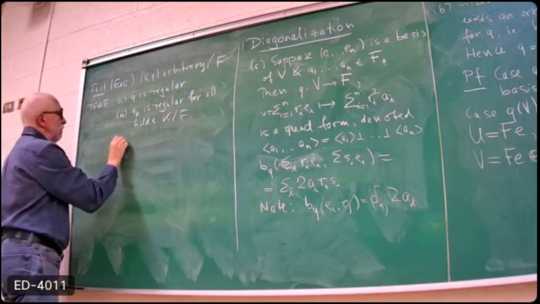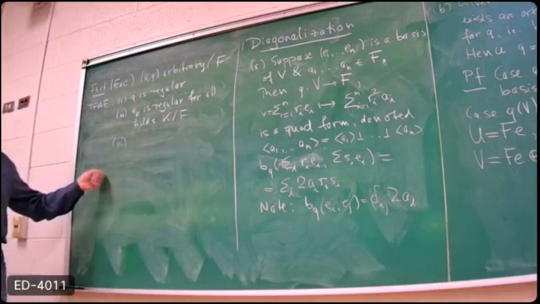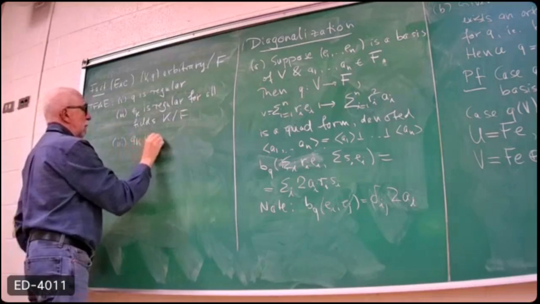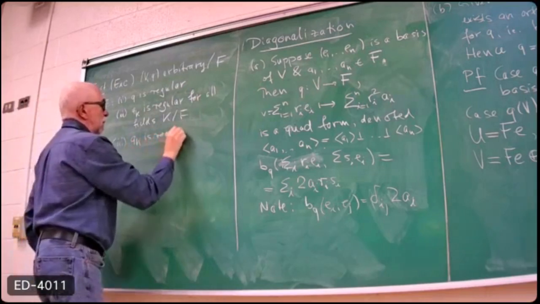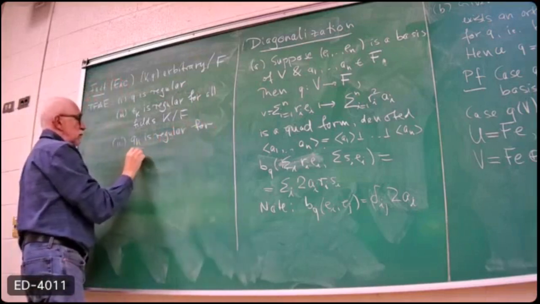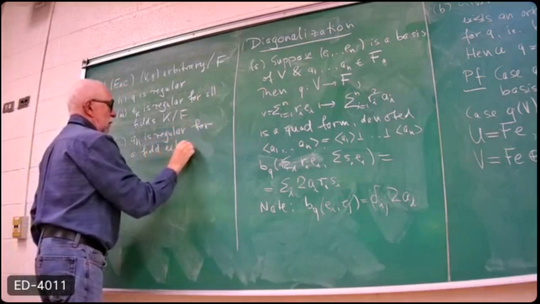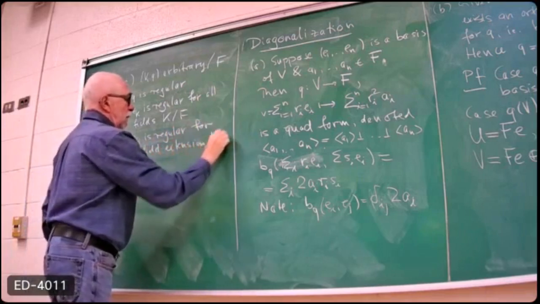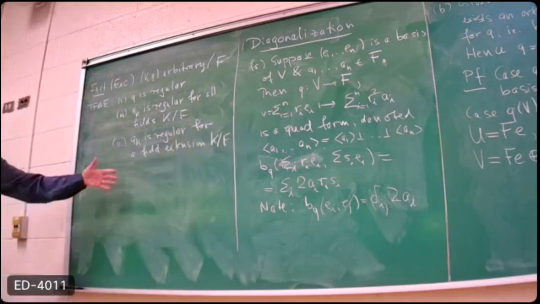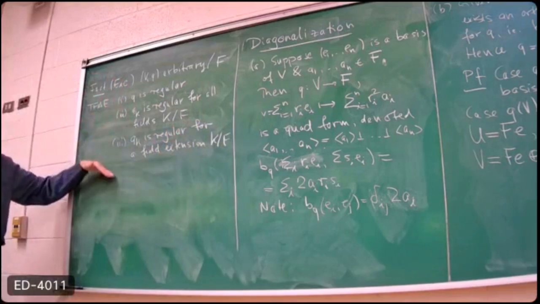Number three, Q_K is regular for some field extension K. And the most interesting of these three equivalent assertions is going from 3 to 1.